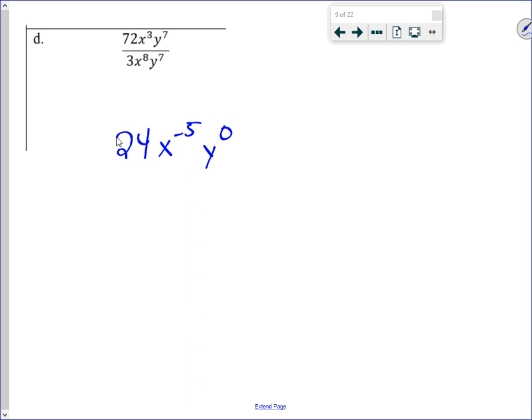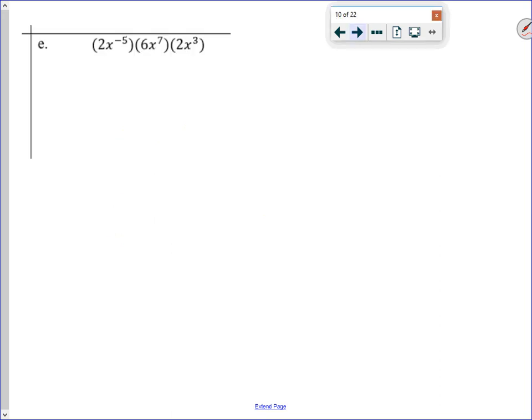Well, anything to the 0 power is 1, so that just goes away. Or you can just remember it as any number divided by itself cancels. Now, I still have a negative exponent here, so this will be 24x to the 5th. Remember, a negative exponent means you move it from the top to the bottom, or if it's already on the bottom, you move it to the top.